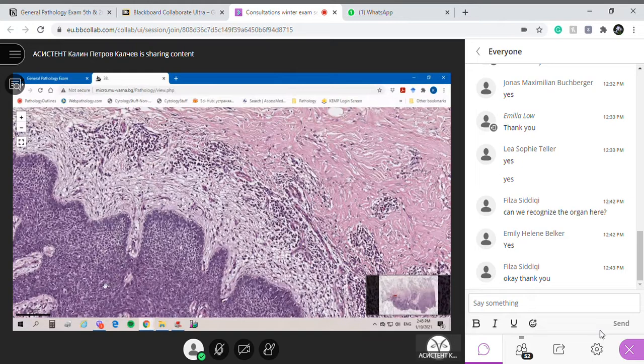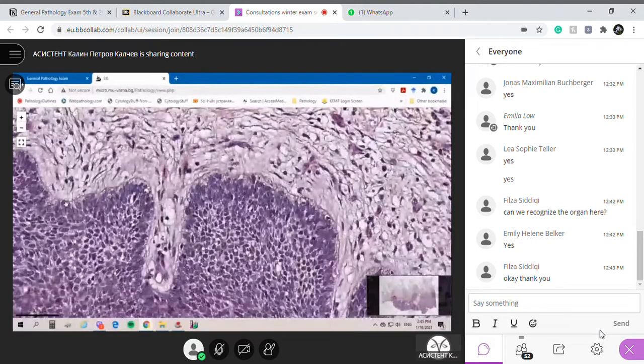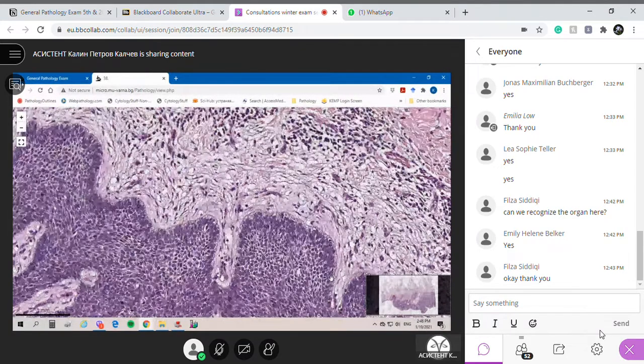Although all the cells are of a basal cell origin, at the margin of the nests, they tend to form this basal cell layer, and they even make this, well, basal lamina-like structures here. We call this growth at the bottom, which looks like a palisade, a wooden fence. Here, actually, we call this palisade arrangement of the cells at the edges of the nests.